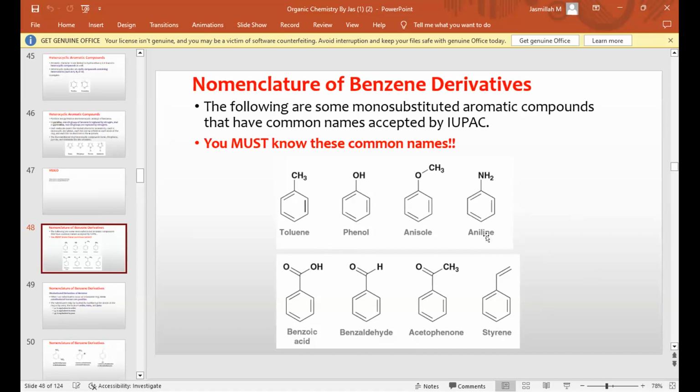Then aniline, when it has an amine. And when it has COOH, it becomes benzoic acid. Then this is an aldehyde derivative, benzaldehyde. Okay, this is a ketone, when it is bonded to a ketone, and then also to the double bond. And there's this. So these are some of the few derivatives that everyone must know, at least offhand.